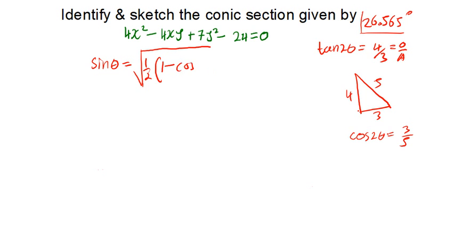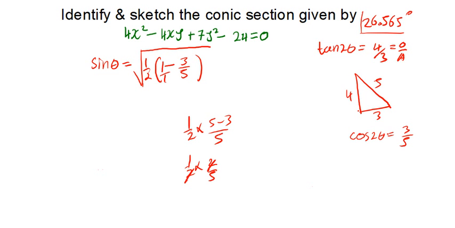So this is the whole essence: when you draw up your right angle triangle, all you're trying to do is find what your cos 2 theta is. We find that it is 3 over 5. You can make this a single fraction: 1 over 2 multiplied by 5 minus 3 over 5, which is 1 over 2 multiplied by 2 over 5.